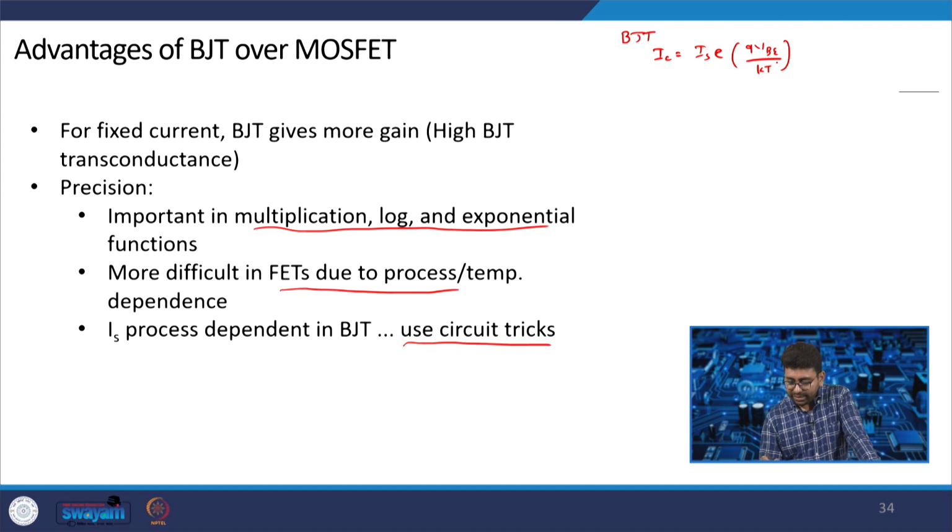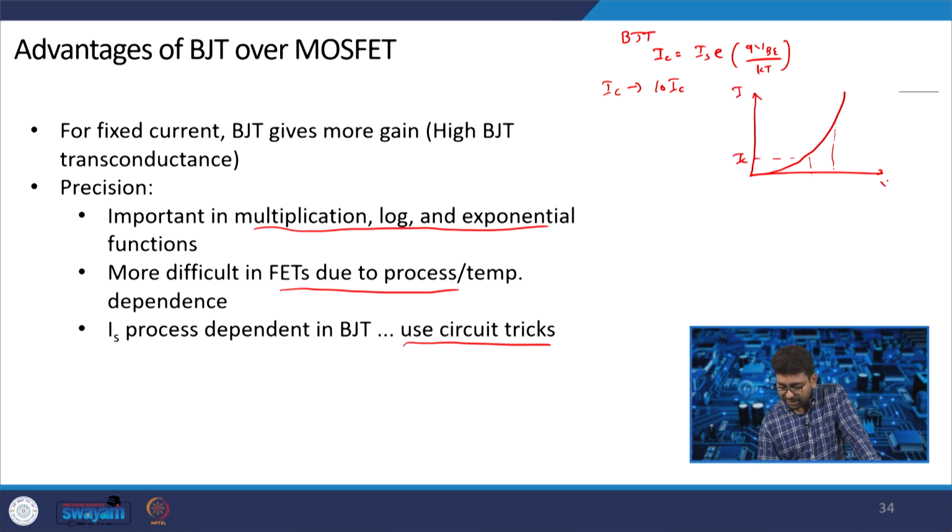If we try to increase the current IC to 10 IC, meaning a 10 times increase in the current, this is the curve which looks like this. So, this is IC versus VBE, and if we try to increase the current by 10 times, what is the change in delta VBE?